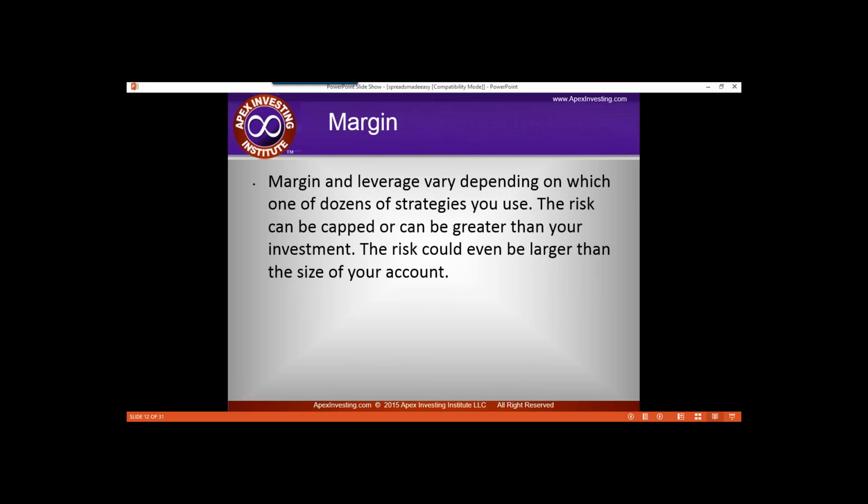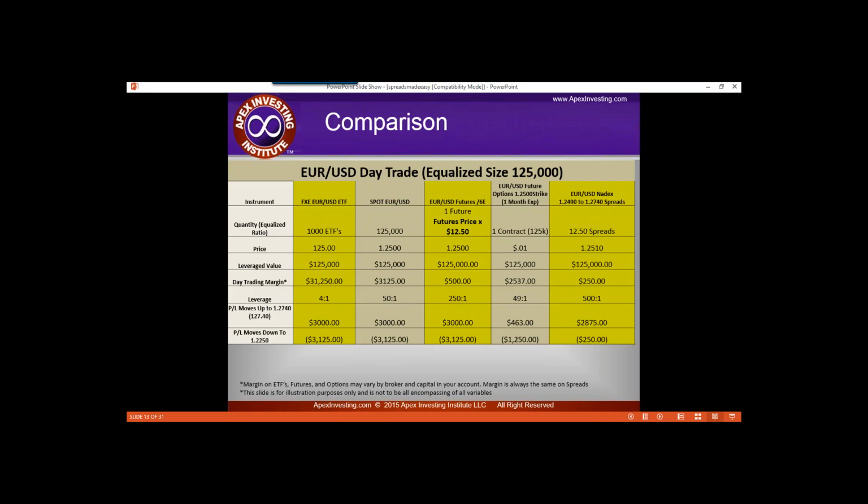Margin and leverage vary depending on which of the dozen strategies you use, or what instrument you're trading, or what broker you're with. Just to give you a couple of examples, let's compare trading an ETF, spot Forex, futures, a futures option, or Nadex spreads.